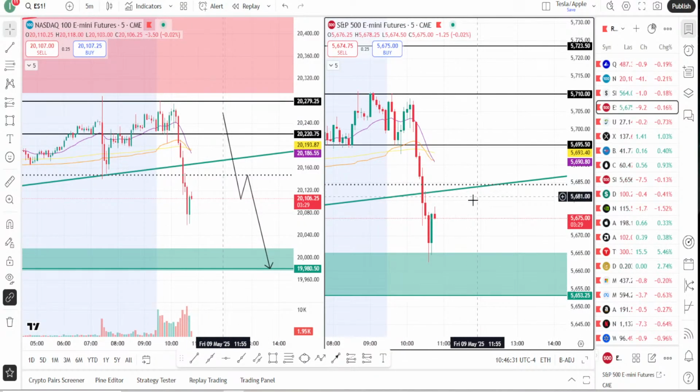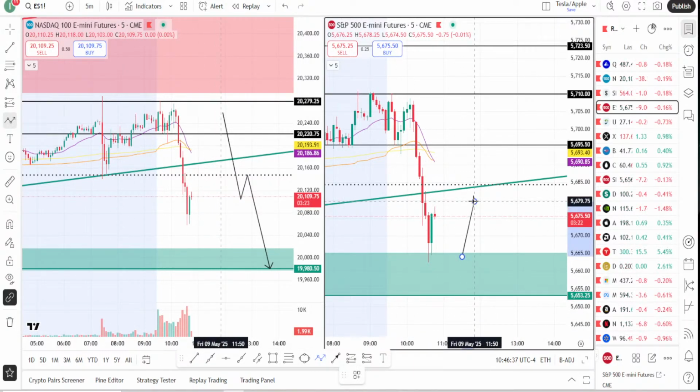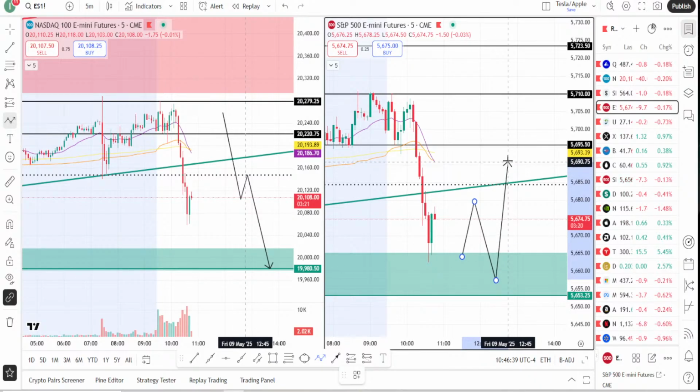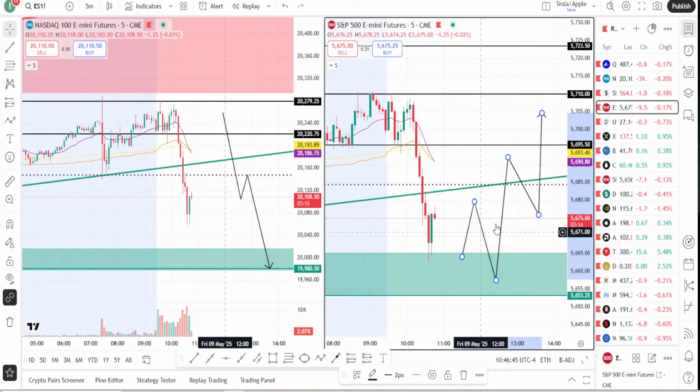Meaning we want to see a resistance level get broken into, and find a higher low to buy into there.